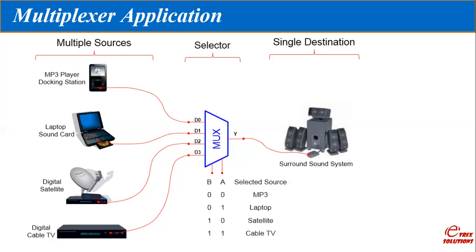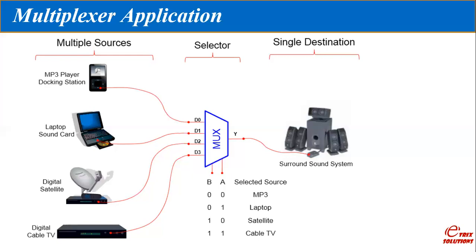So if you put 00 at the selection line, then the audio of the MP3 player will play from the sound system. If you want to play the audio of the laptop, then you have to put 01 at the selection line. And if you put 10 at the selection line, then the audio of the digital satellite will play.